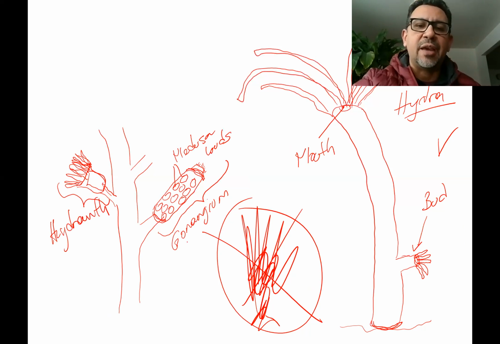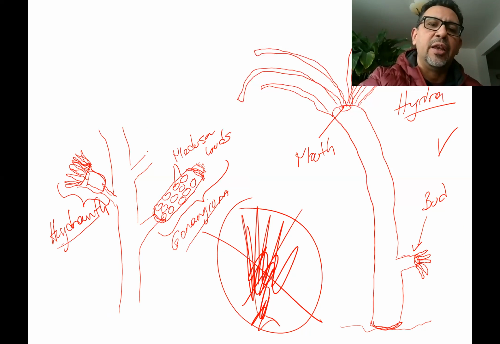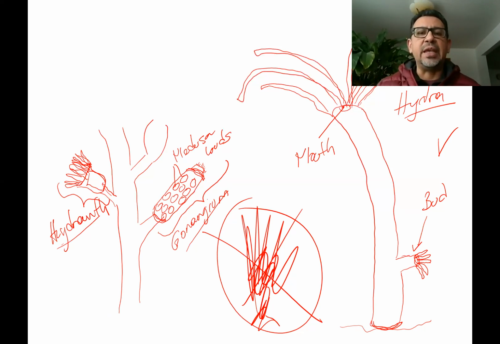And so I have my two main types of polyps, and you can add a few more just to make your drawing complete.